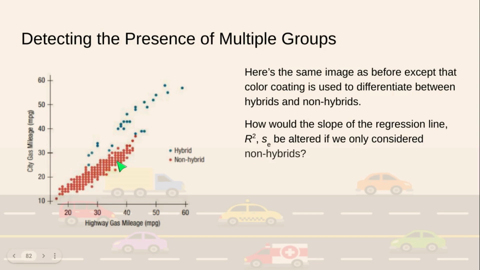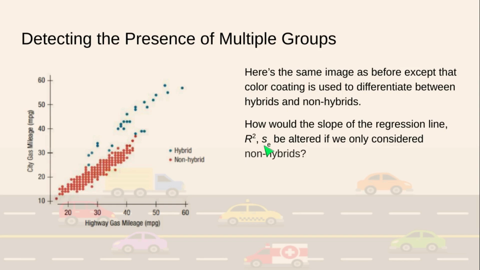Now, the variation accounted for would go up because these data are closely gathered and show a clear linear pattern without the chaos up here. So variation accounted for would go up, and standard error and typical residual size would go down.